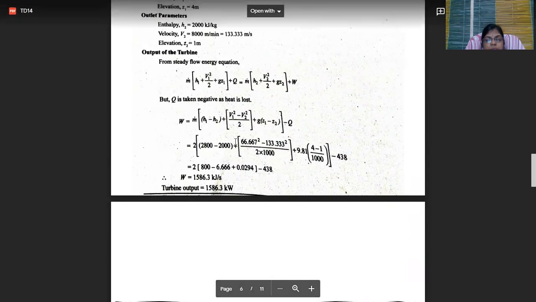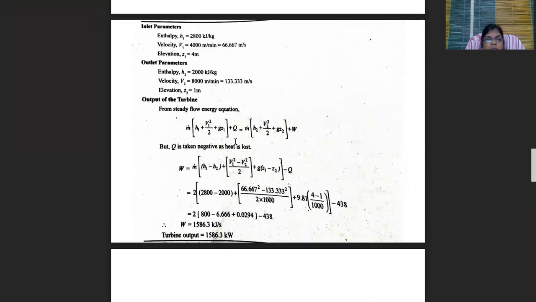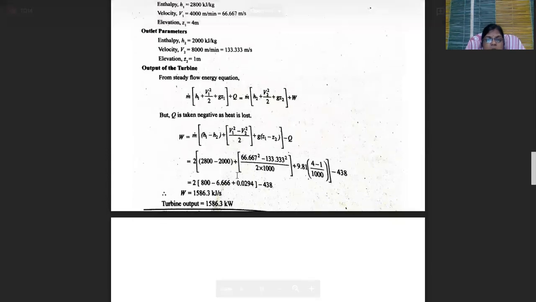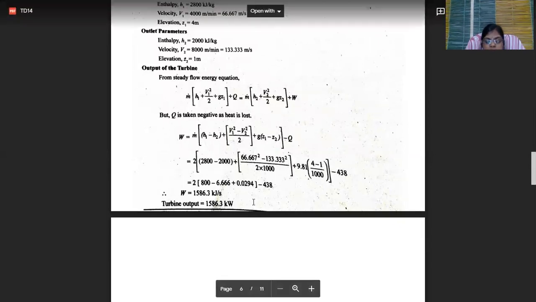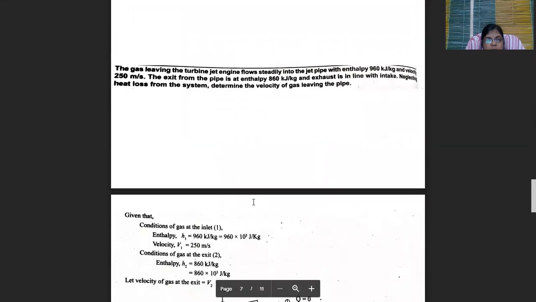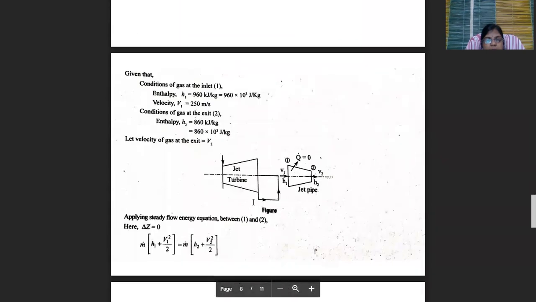Here our velocity is meter per second. This is kilojoule per kg, so kg is cancelled here and finally we got kilojoule per second. So finally we got 51586.3 kilowatts. And finally, the third problem is also like that.